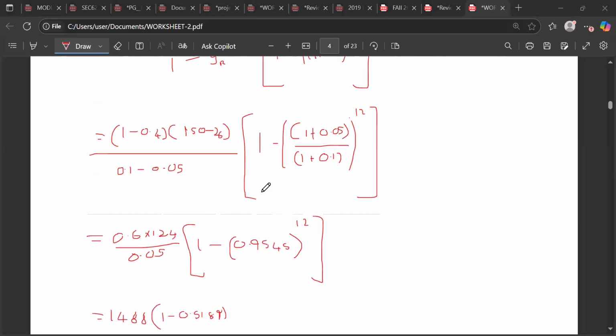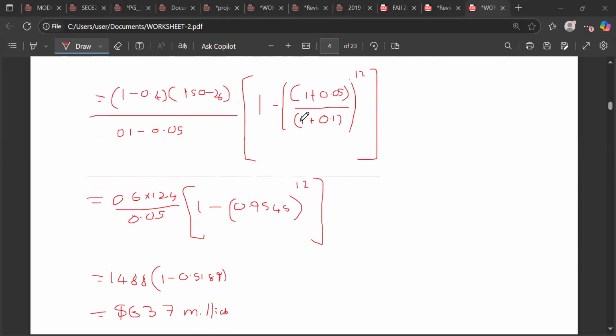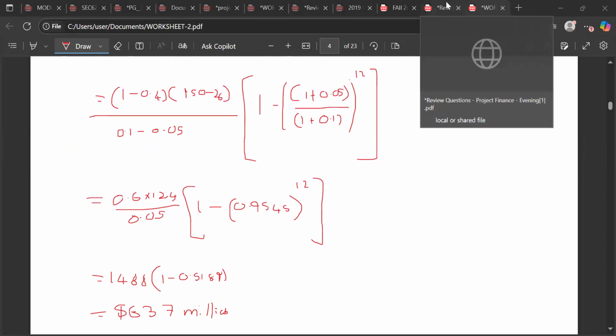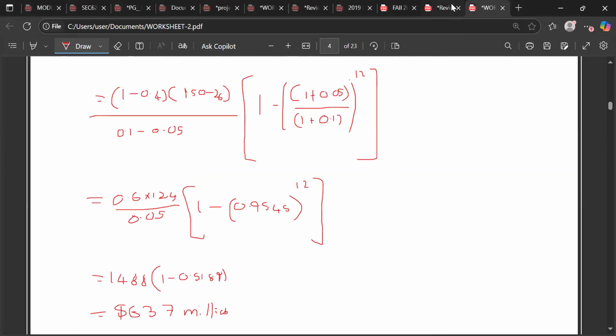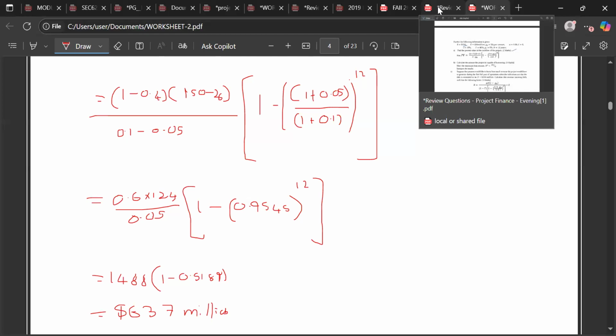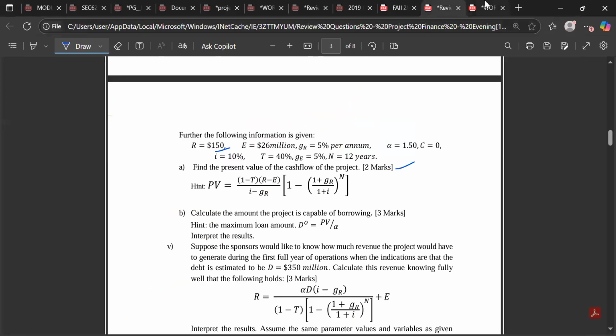Okay, so this is how we solve part A, part 1 here. And keep in mind, imagine this is just 2 marks. Okay, let's proceed then. Just the interpretation of the amount that we found from the scenario we are given.